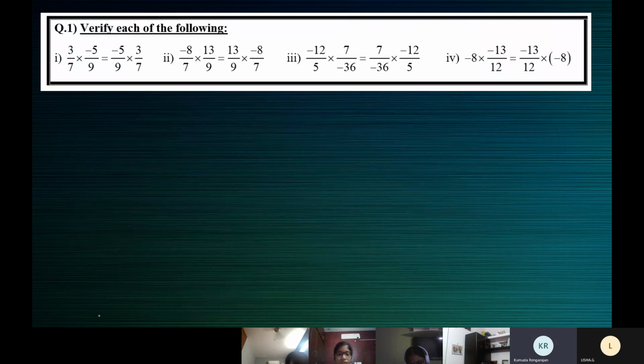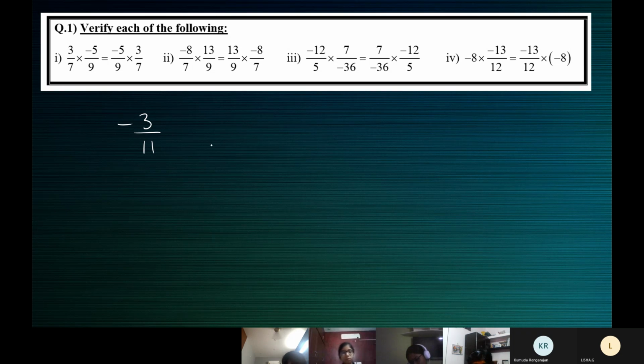Now it's time for you to answer questions. So, Bhavishya, what is the additive inverse of minus 3 by 11?